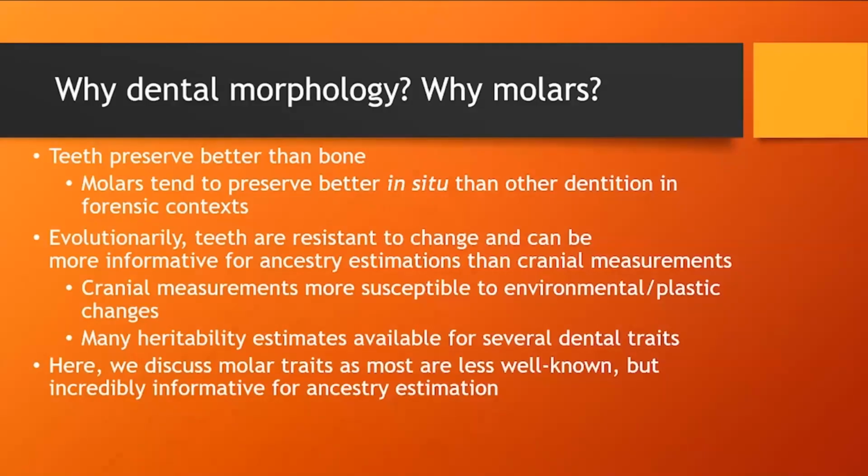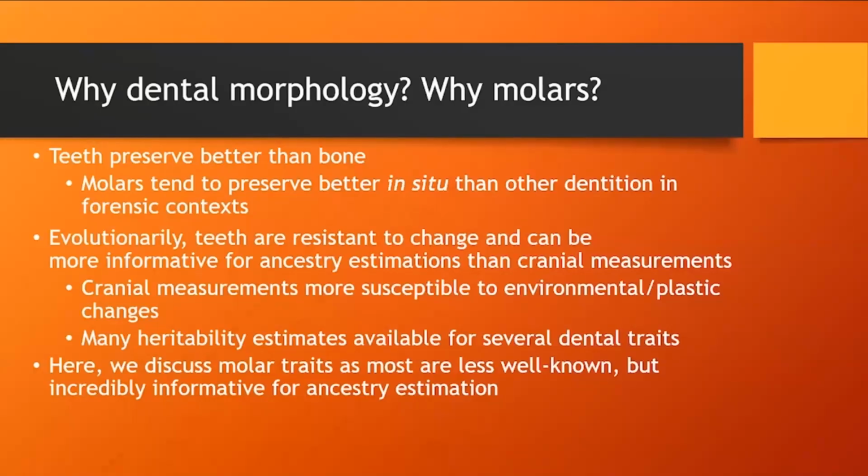In general, teeth are evolutionarily conservative, so they're resistant to change, and that makes them more informative for ancestry estimation than cranial measurements. Cranial measurements are more susceptible to environmental or plastic changes, including taphonomic changes. And also, there are heritability estimates available for many different dental traits, not all of them, but many of them.